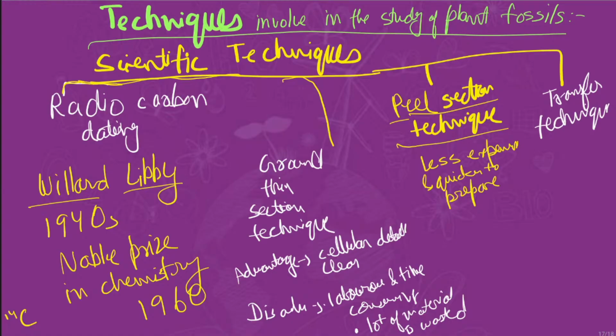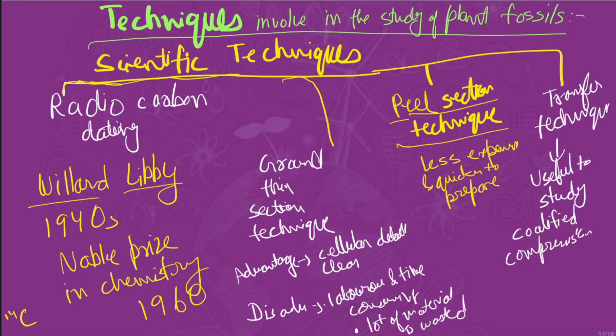Advantages: very useful for the study of compression fossils. It helps to learn about leaf forms, venation pattern, stomatal and epidermal characteristics, which are important features used in establishing systematics and phylogeny of extant plants. And last is the maceration technique.